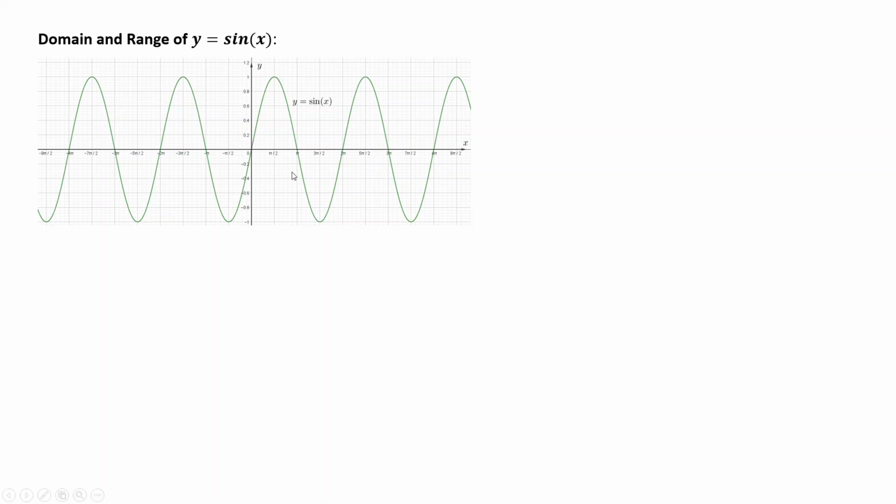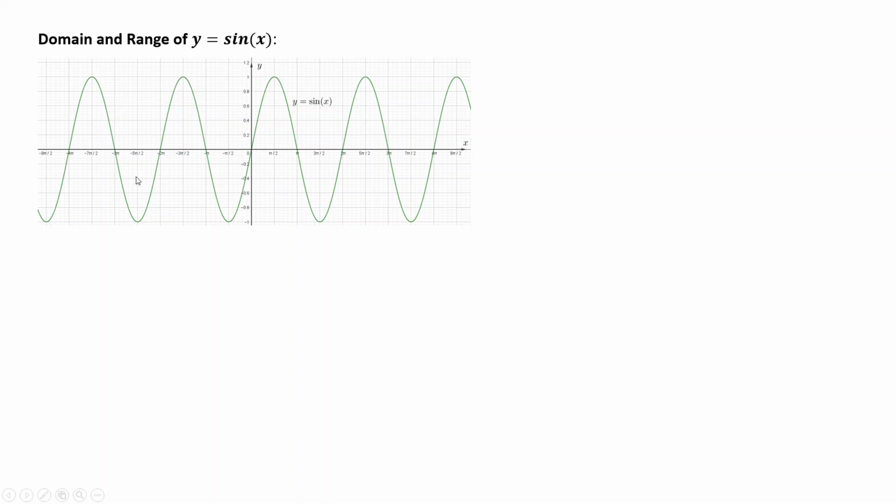Let me repeat that. If you want sine of 0.1, you go to an x value of 0.1, draw a vertical line, see where it cuts the graph, and measure the y value there. That is sine of 0.1. You want sine of pi halves? Draw a vertical line at x equals pi half, see where it cuts the graph, and look at the y value. That's 1. Hey, we knew that.